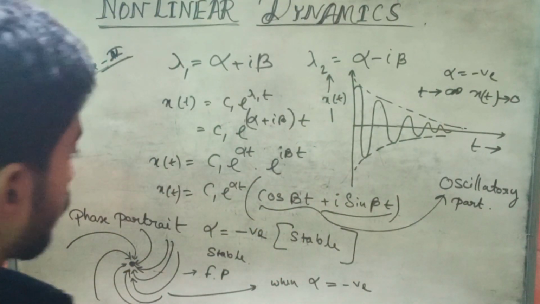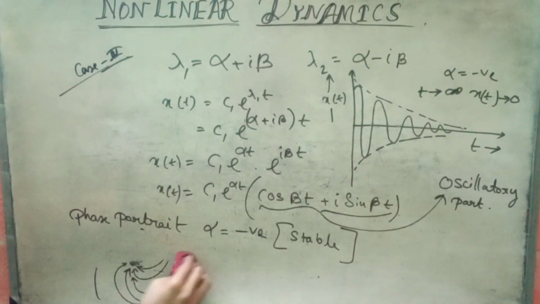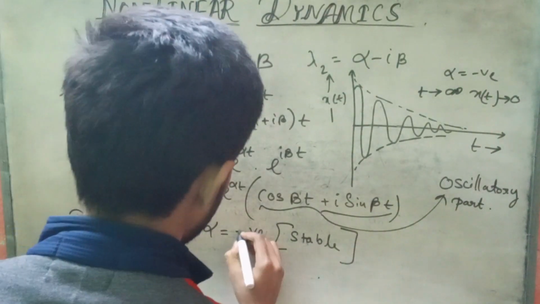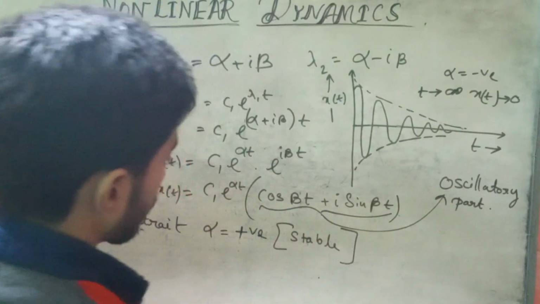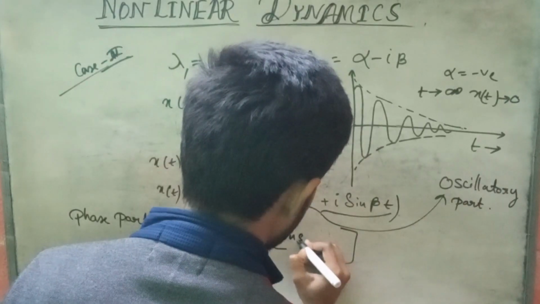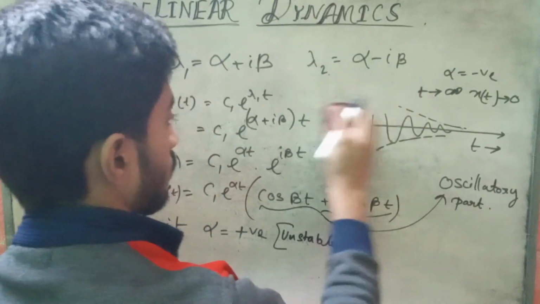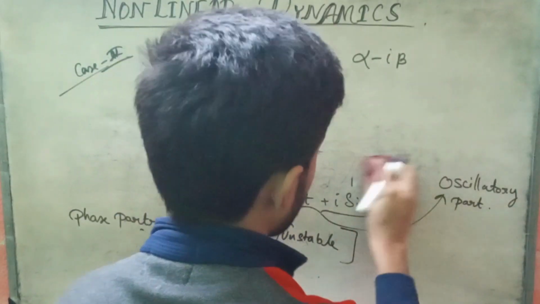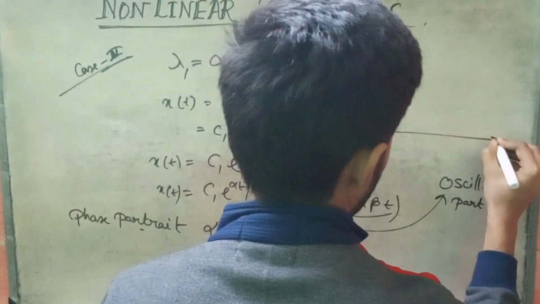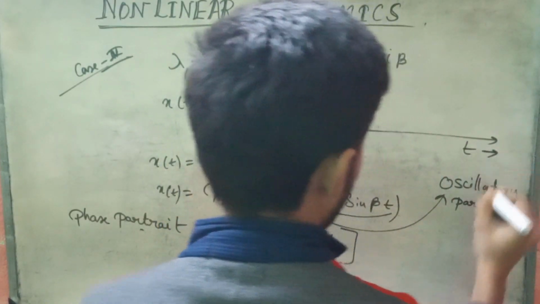And what happens when alpha is positive? If alpha is positive, then the fixed point becomes unstable. Along y this is x(t) and along x this is t.